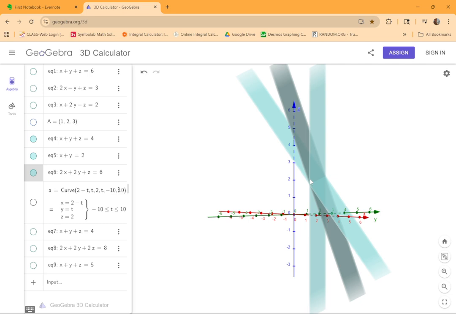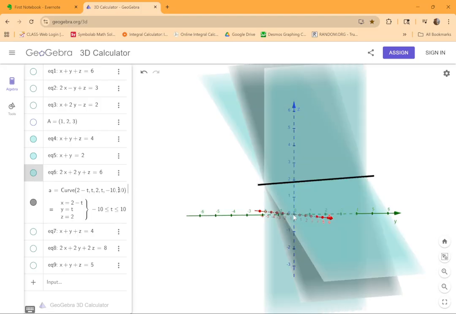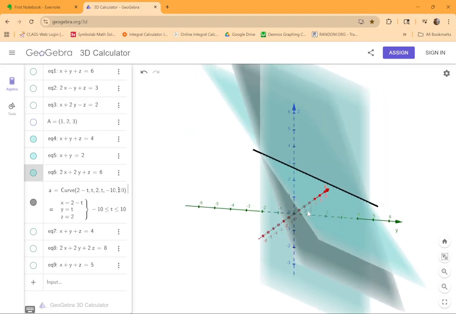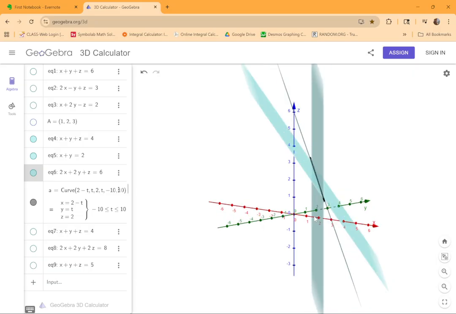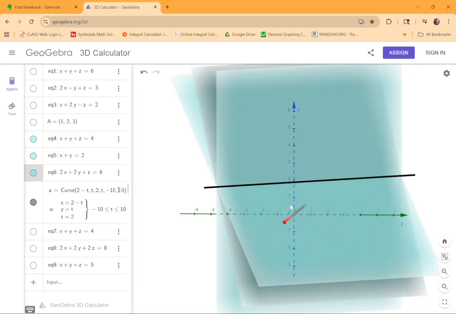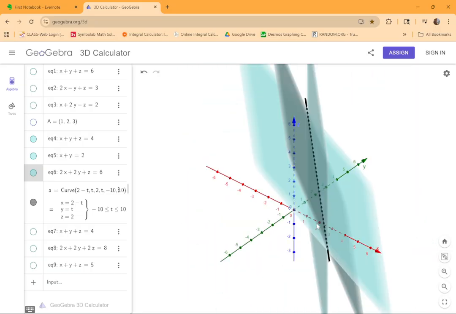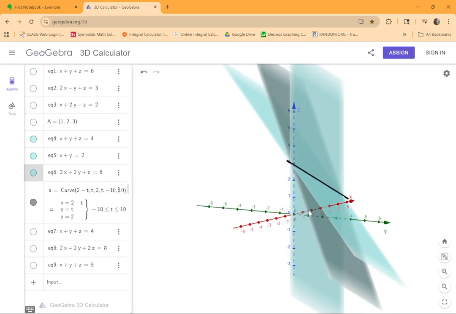Now it's different than our first one because that intersection was a point. Here, we can think of this as a line. If you look here, that line is common to all three planes. So our solution set consists of that line, and the line is an infinite number of points. And that is what our solution set was indicating.